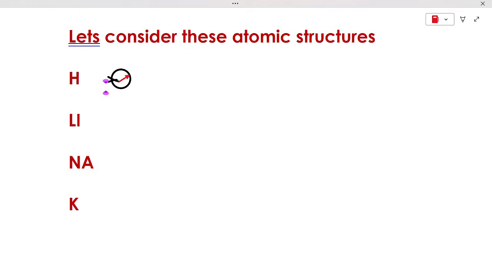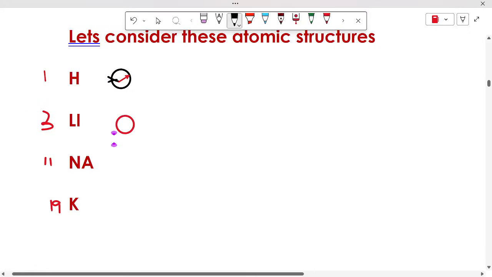Lithium has 3 electrons: this is 1, this is 2, this is 3. Sodium is number 11. Potassium is number 19. Let's draw lithium. We draw one shell first, and this one inside has 2.